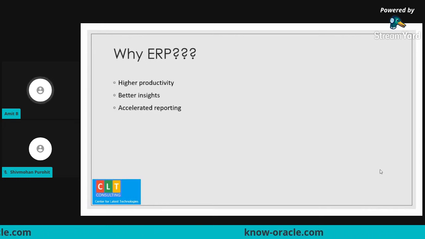You can create reports, but if your data is in different databases, then it would be a task for you to fetch the data and report your financial data or any other data. So when it is under one database residing in one place, then it would be very easier and faster for any system to report the data basically.